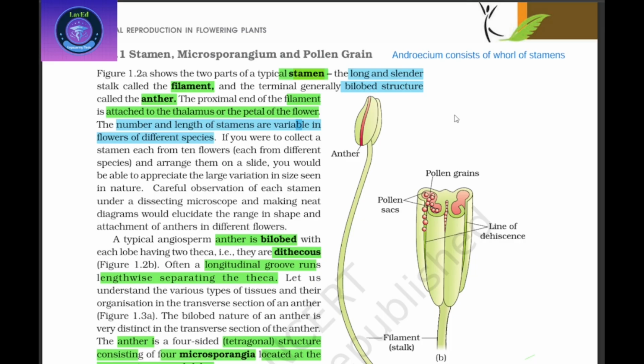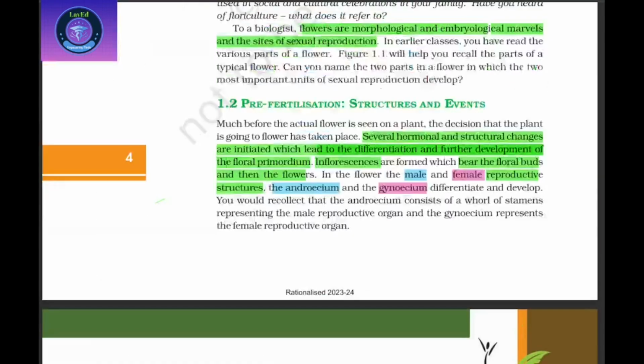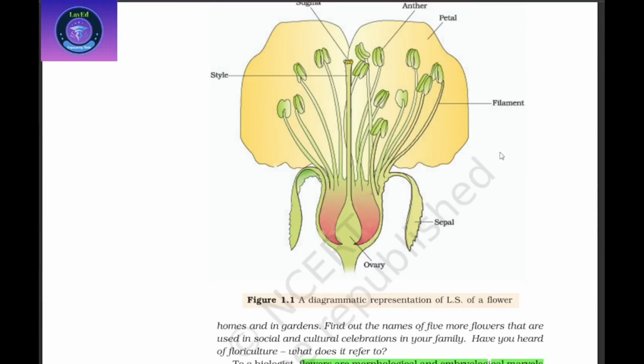Now what is given in the next line? The proximal end of the filament is attached to the thalamus or the petal of the flower. I can show you yesterday's diagram so you'll be very clear. What is proximal? Proximal means near. Look at the cursor, this is the near end.